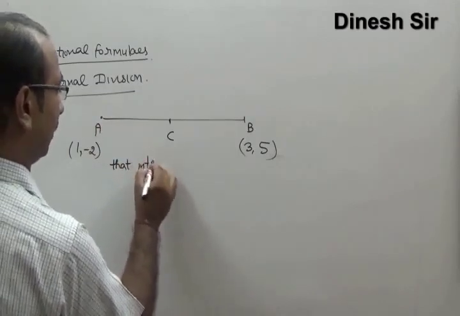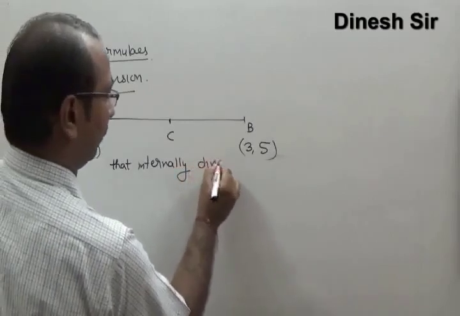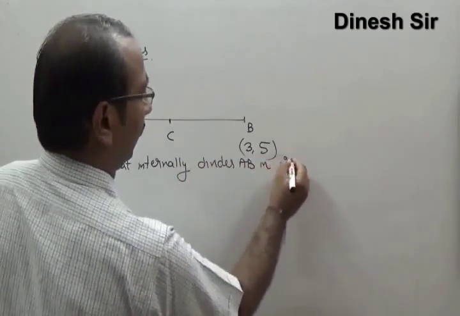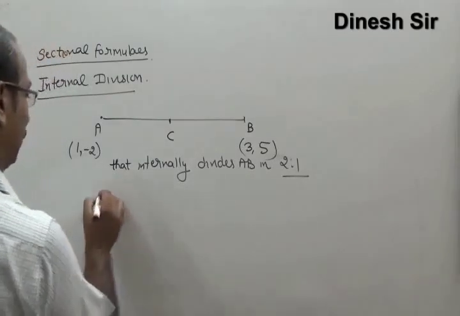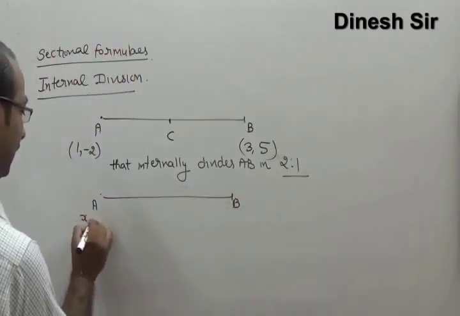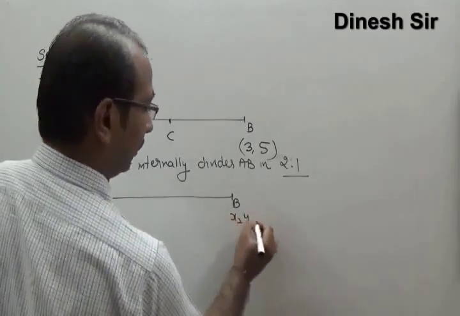We have to find the coordinates of point C that internally divides AB in 2:1. So what the formula here is, suppose 2 points are given A and B. This point is x1, y1 and B is given as x2, y2.